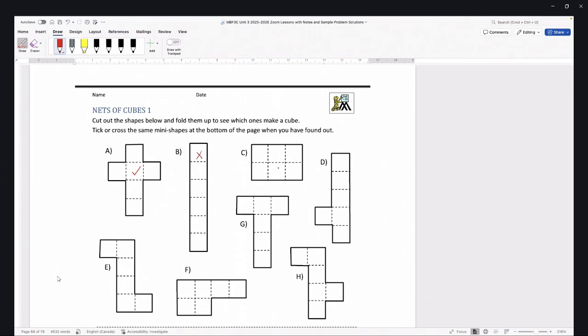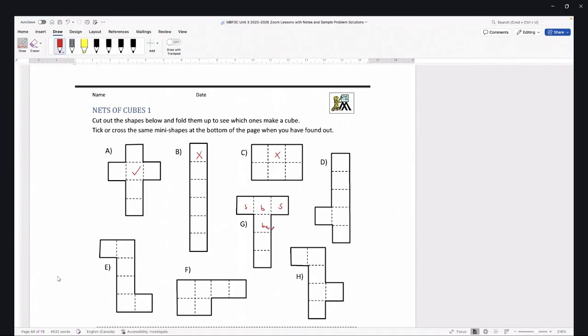I can fold this up, but there's no way I can get a top. So this will not form a cube. This one, this can be the side, this can be the side, this can be the bottom, this can be the back, and it's called B again.